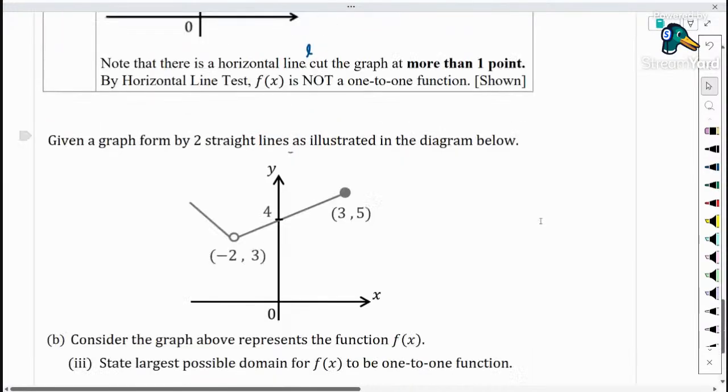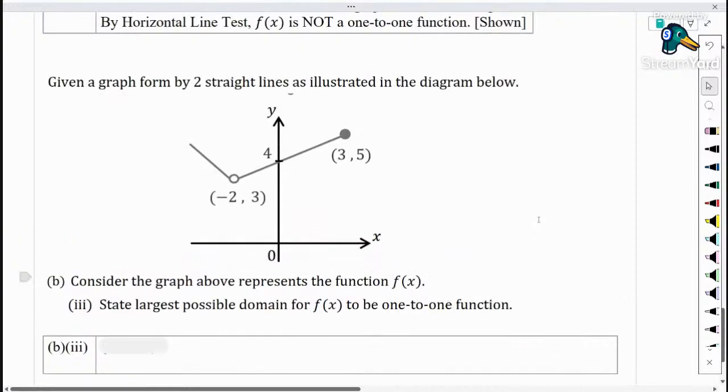Then lastly, we want to consider how I can make this graph one-to-one, and what is the largest possible domain for it to become one-to-one. If you want it to be one-to-one, then when you draw a horizontal line, it won't cut the graph at more than one point.